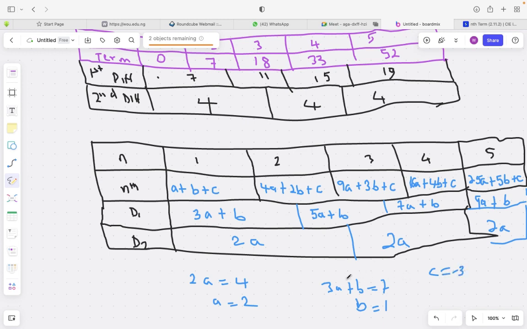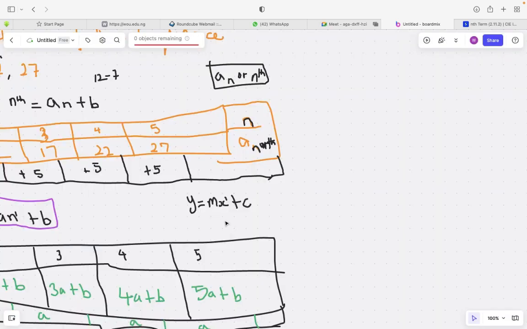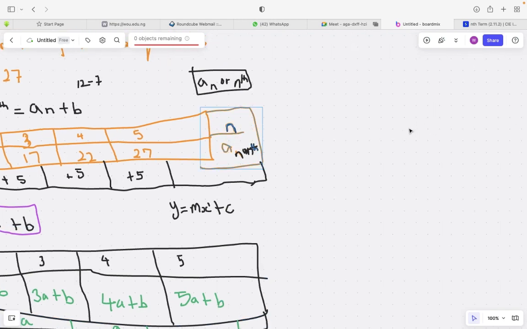Right? So once you have this, okay, our writing space has elapsed.